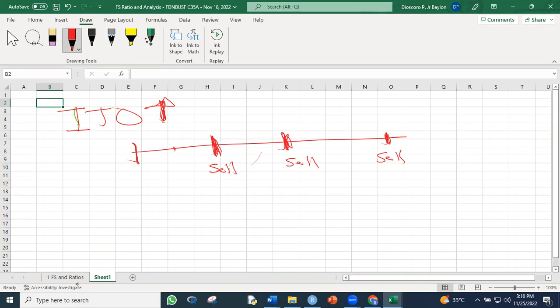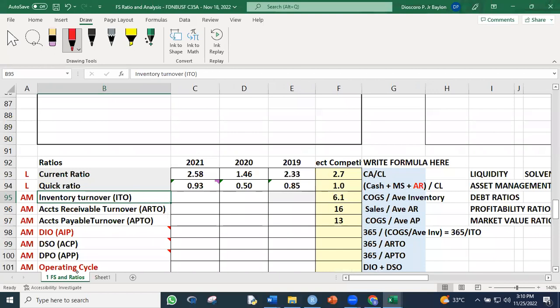Okay, so let's take a look at the formula of the inventory turnover. The formula is cost of goods sold divided by average inventory. Now, take note, this is an income statement account, cost of goods sold, which means this was taken over, let's suppose, a 1 year period.